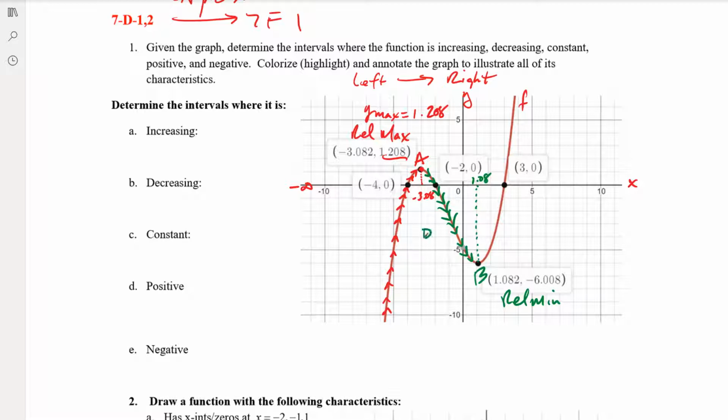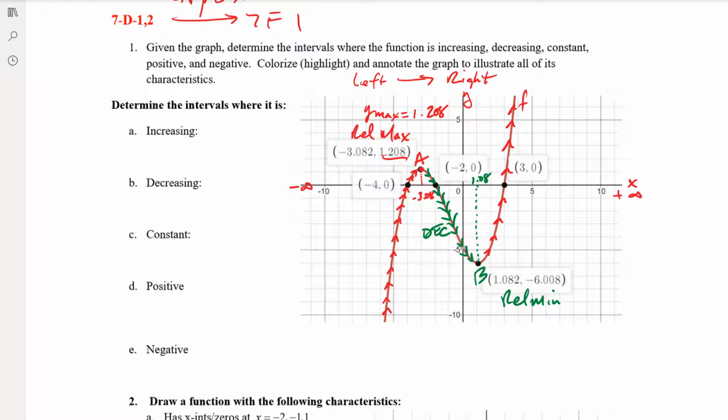So it's decreasing from A to B, from -3.08 all the way to 1.08, roughly, where the relative min occurs. Then it goes back up again, increasing without bound, from 1.08 all the way to positive infinity.